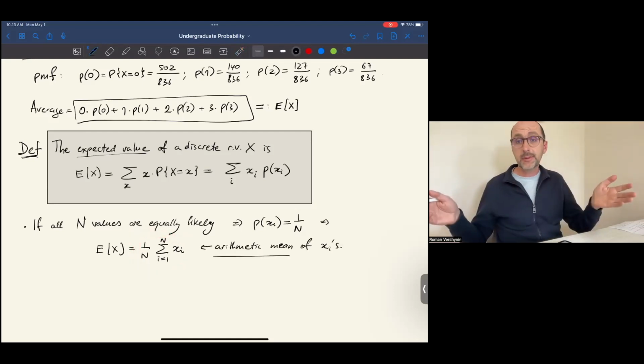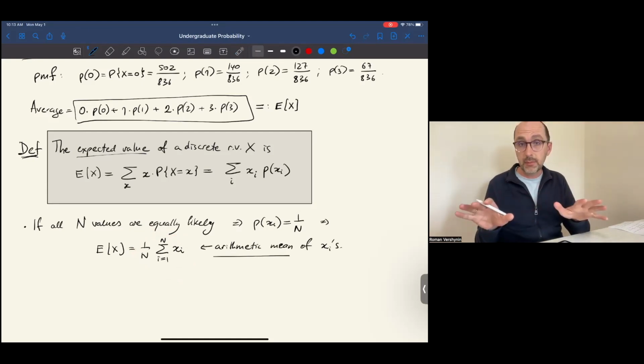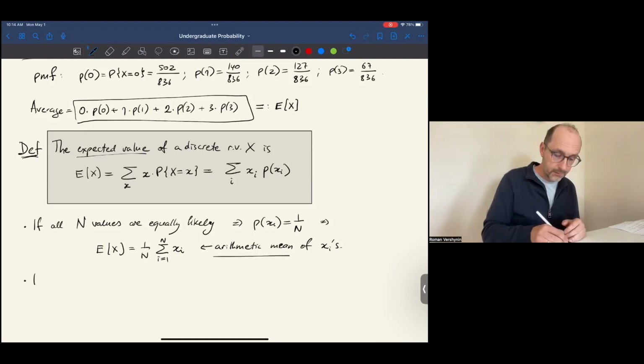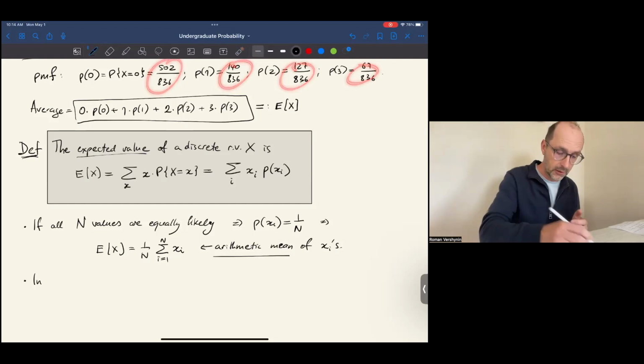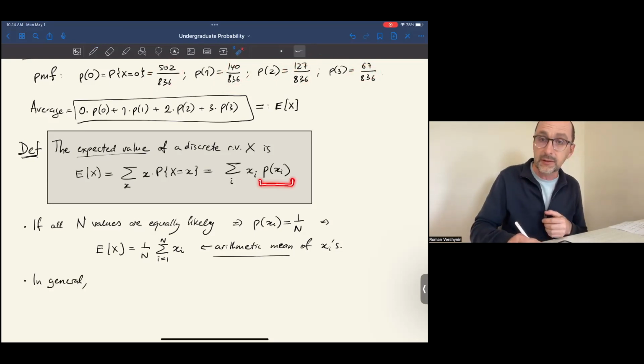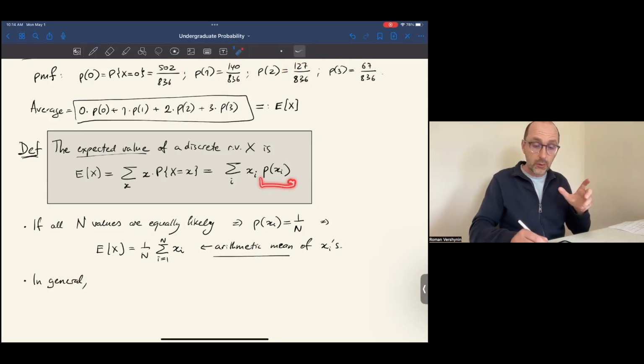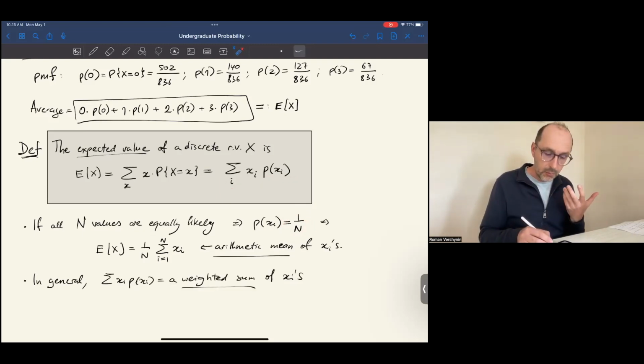So if random variable x takes these values and all of them are equally likely, what's the expected value? Just take the arithmetic mean of them. But in general, that doesn't happen. The probabilities need not be the same. Then we can look at P of xi's as weights. So this becomes a weighted sum. It gives more weight to the more likely values.